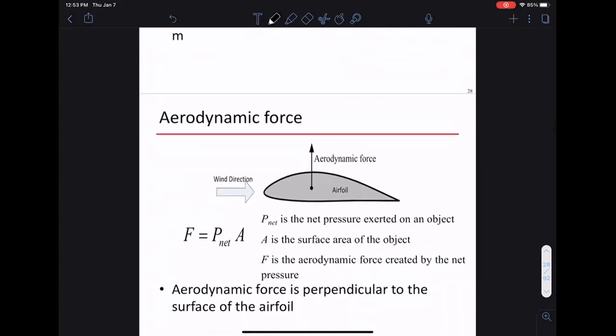Now we're going to look at the airfoil. Again, we assume that wind is blowing towards the leading edge of the airfoil. For a wind turbine, the airfoil is fixed at one end, so all we want to know is how much this force is.